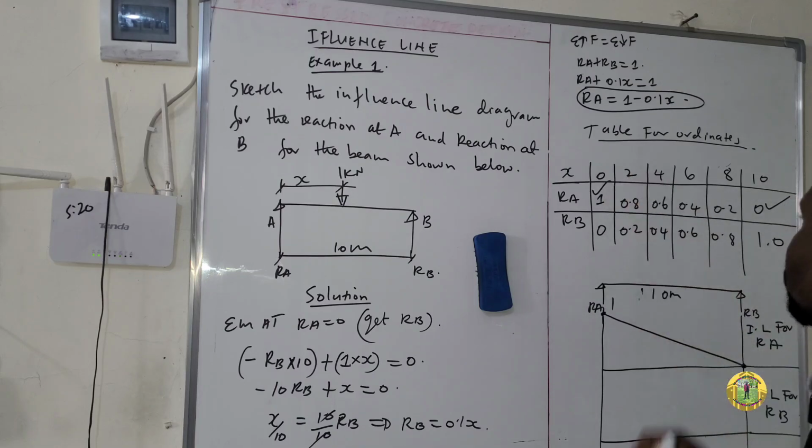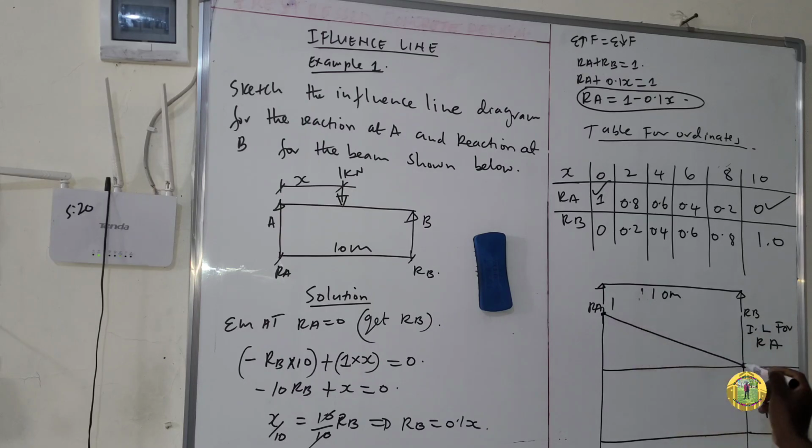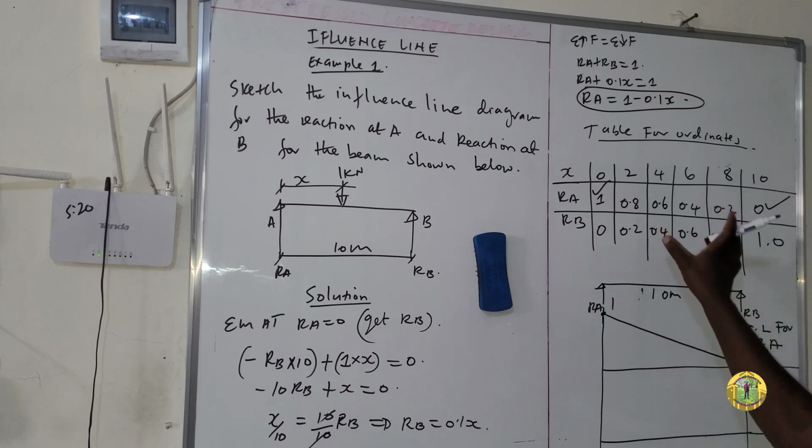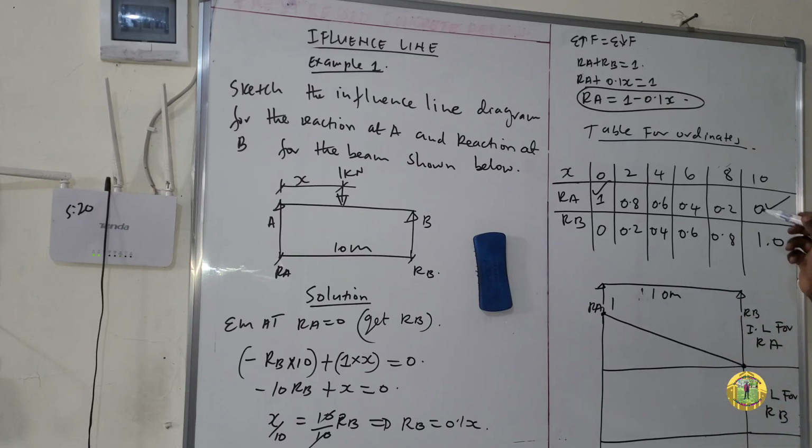Remember to start with the main ordinates. The main ordinates for this beam are at 0 distance and at 10 meter distance. And then you'll finish with the remaining ordinates. So at 8 meter distance, we have 0.2.